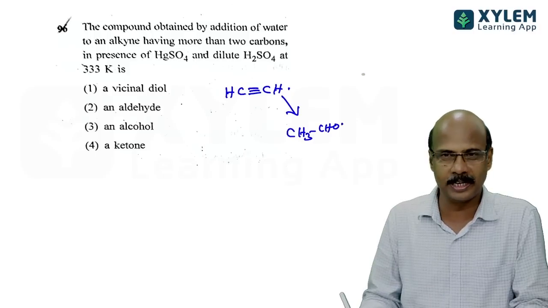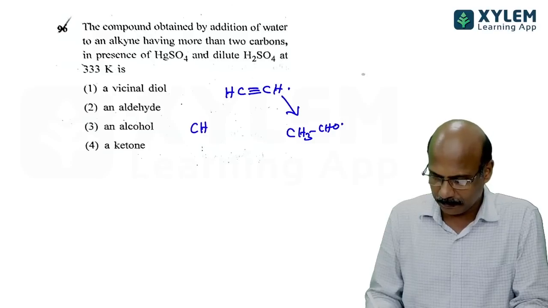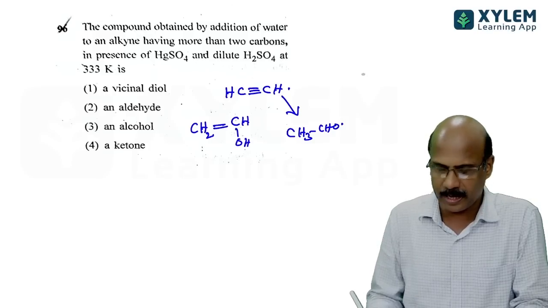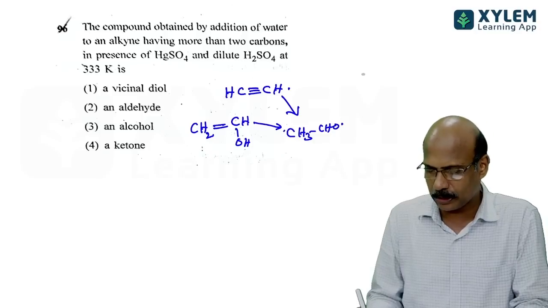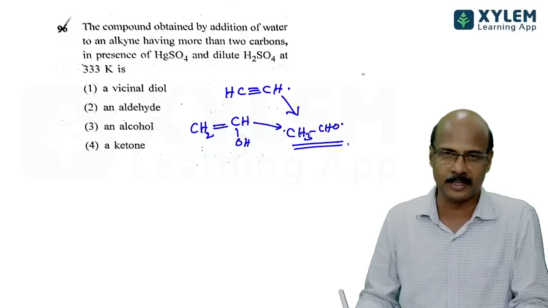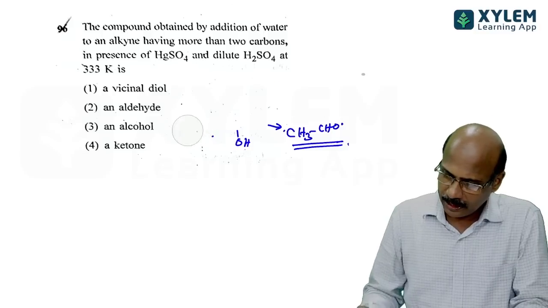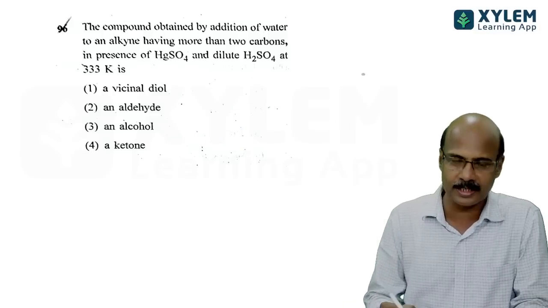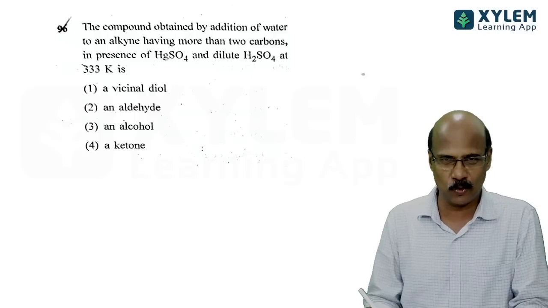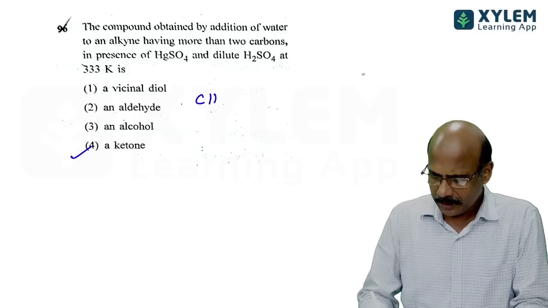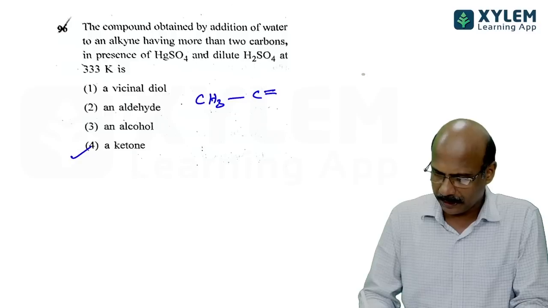Actually, that acetaldehyde is obtained by tautomerism. By the addition of water, initially you will get vinyl alcohol. It will readily undergo tautomerism to give acetaldehyde. But if you take any alkyne other than acetylene, you will get a ketone only. Why? Suppose you are taking propyne.